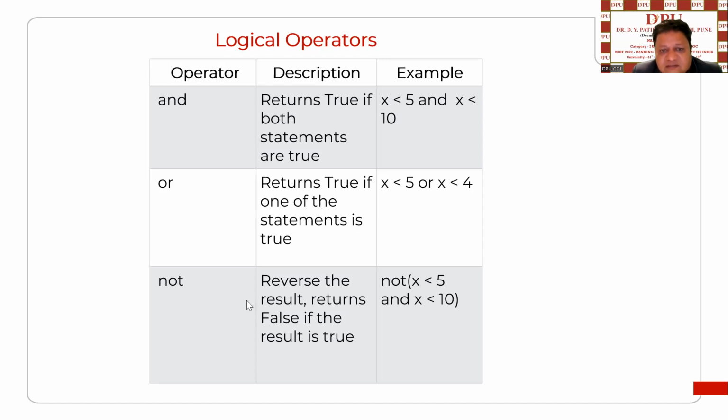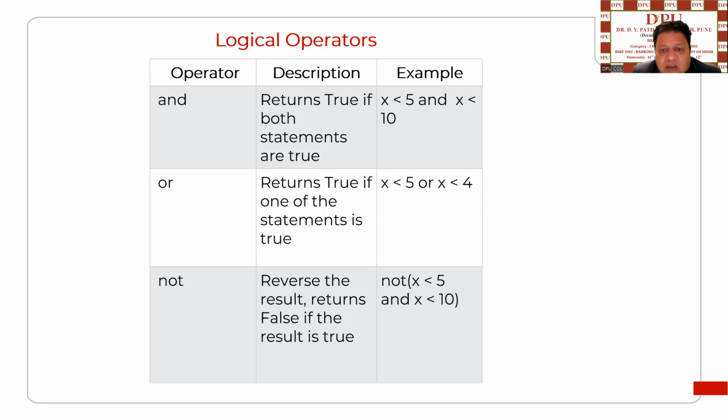Not is the reverse of the result. Means what? That condition should not be true. Means x should not be less than 5. Then only this will give me a true value. Otherwise, I will get a false value.